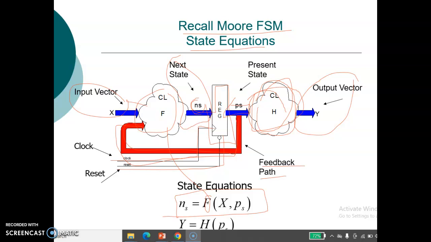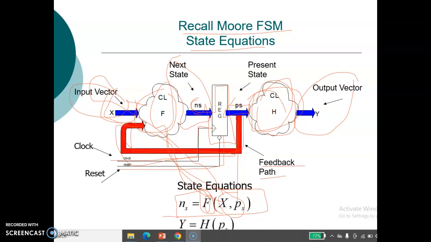The X vector, that is the input vector, plus the present state fed back by the feedback path, that's why PS. So X is the input vector, and F is the function, a computation going on in this combinational logic.